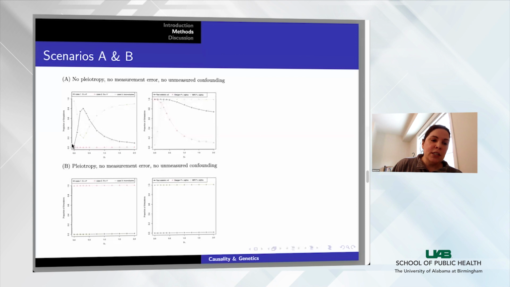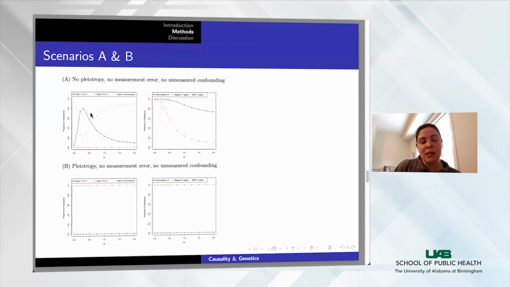What's interesting here is we generated X to cause Y and are perfectly meeting the assumptions of the MR-Steiger approach. But as you can see, initially we're able to detect that X causes Y for the proportion of simulations, and then it starts to drop off as beta X increases.